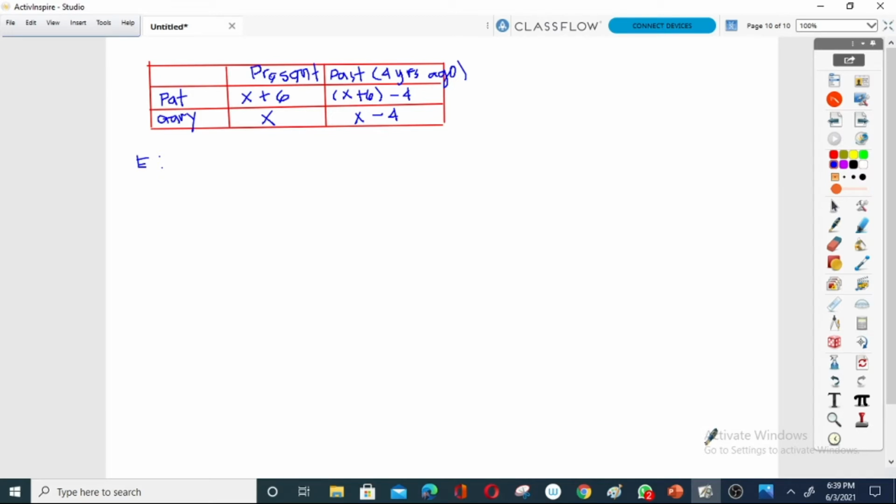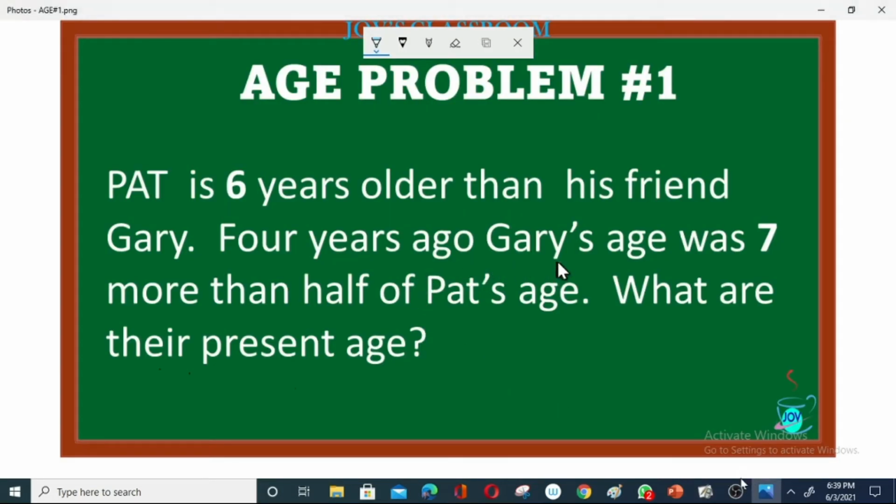Now let's derive the equation based on the given problem. 4 years ago, Gary's age was 7 more than half of Pat's age.